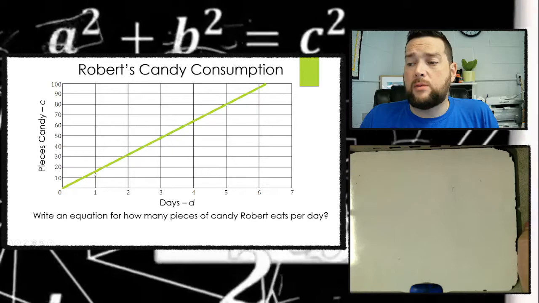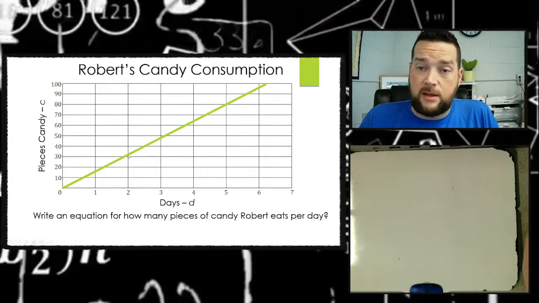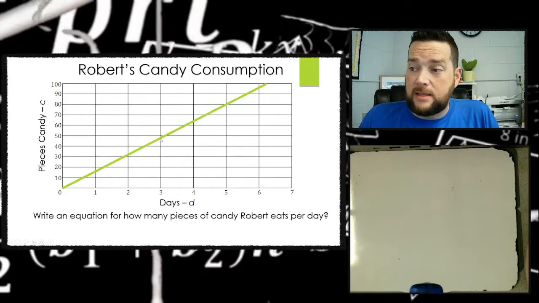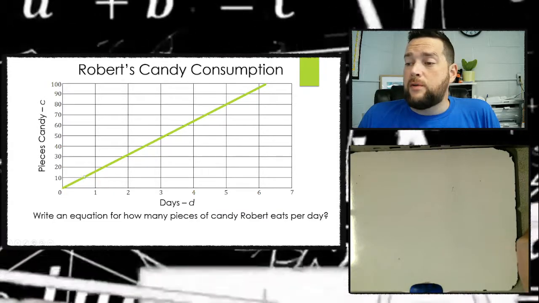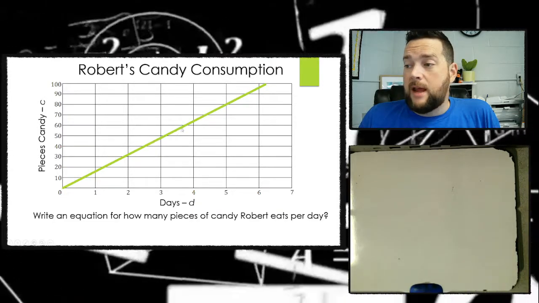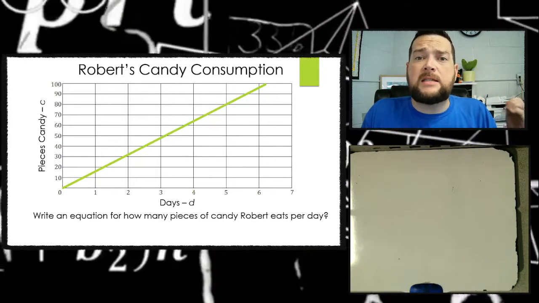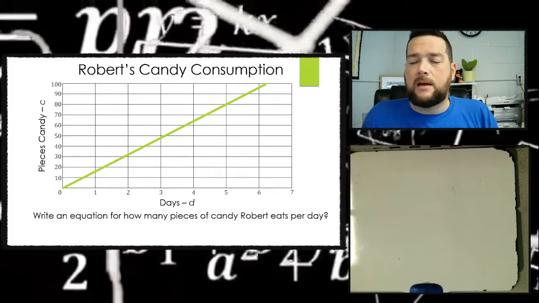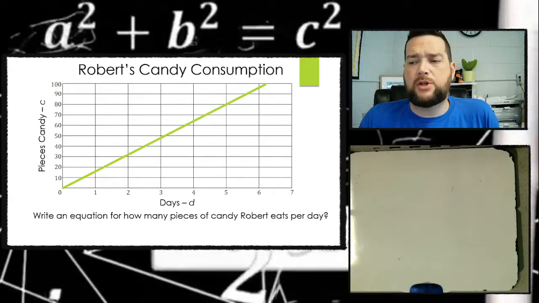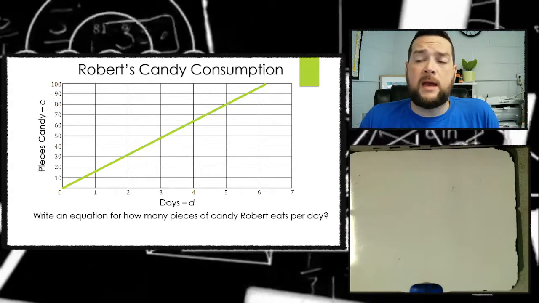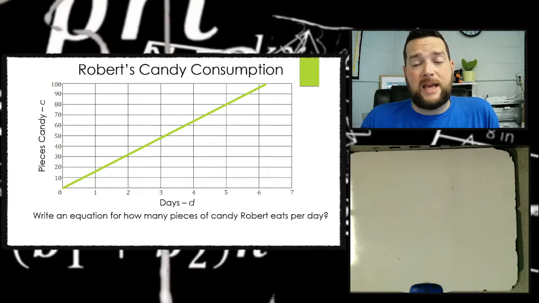So when we're increasing the days, we're also increasing the number of candy that's been consumed, such that after 1 day he's eaten 16 pieces of candy. After 2 days he's eaten 32 pieces. After 3 days he's eaten 48, and so on and so forth. So the number of candy he's eating is determined by the days that have gone by, or to say it another way, candy is proportional to the days being spent.